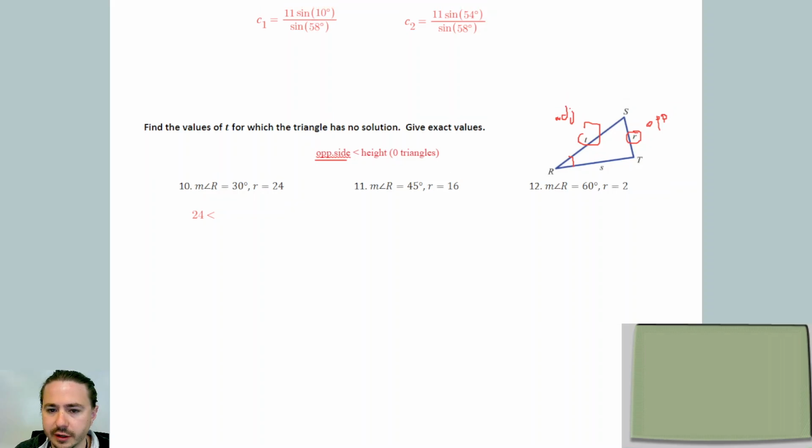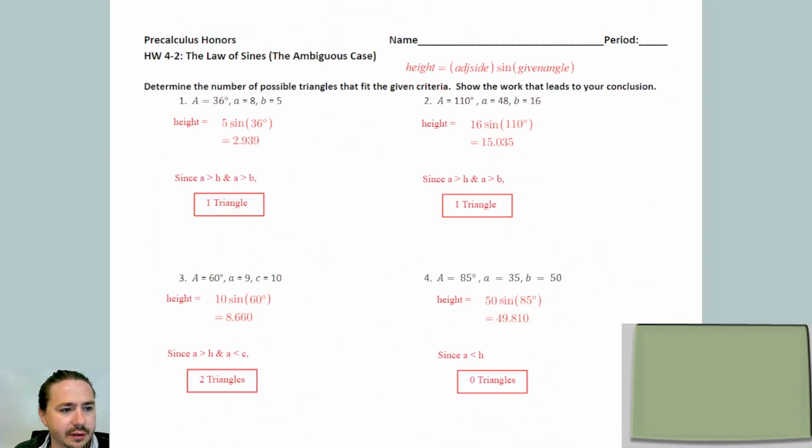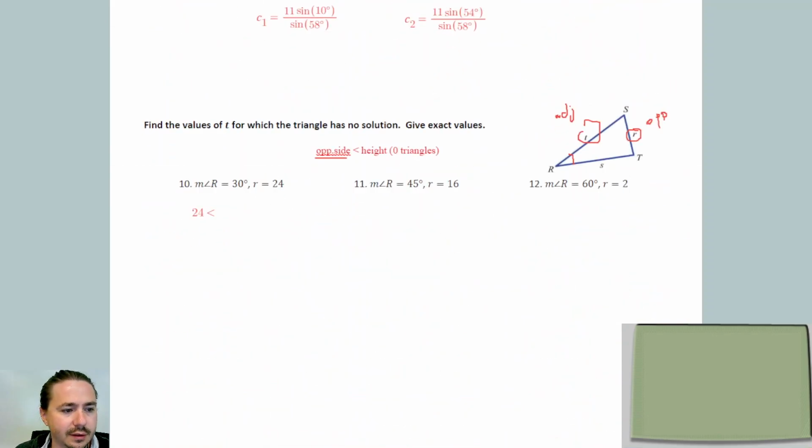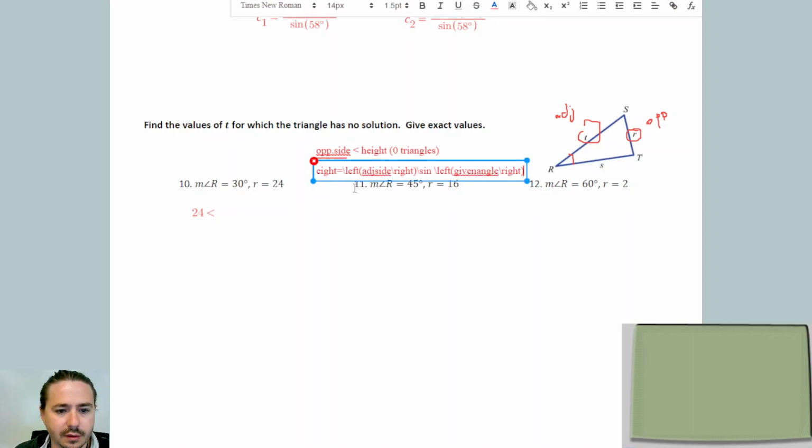Okay, so just as a little reminder, the height is equal to the adjacent side times the sine of the given angle.